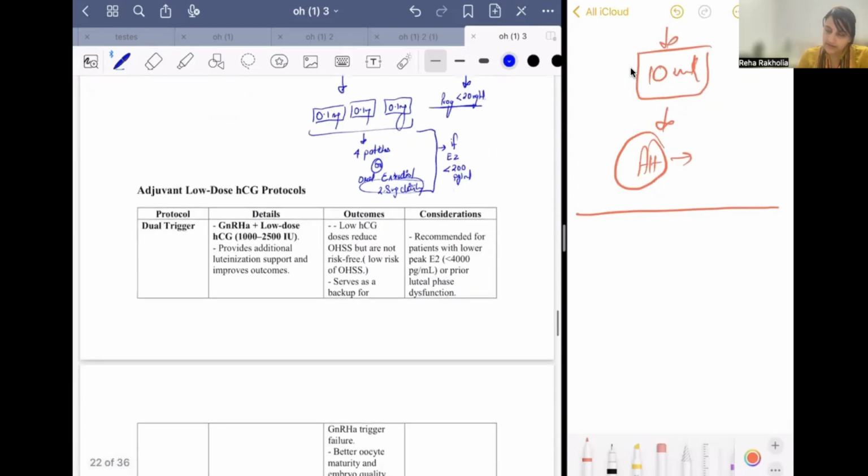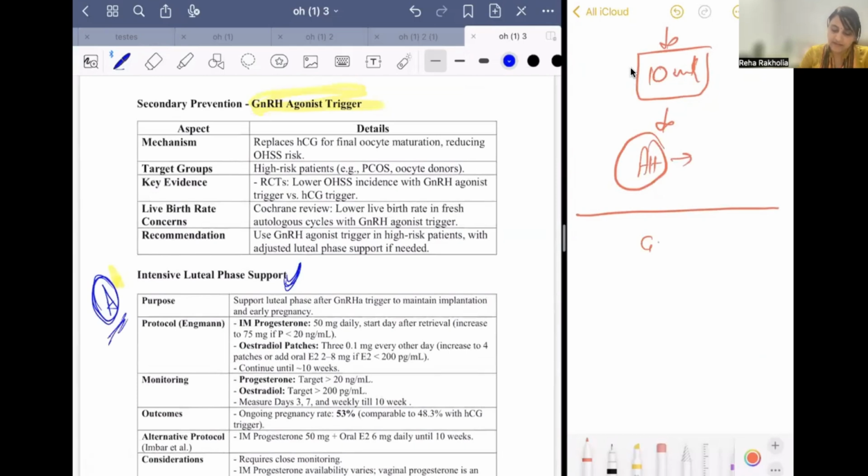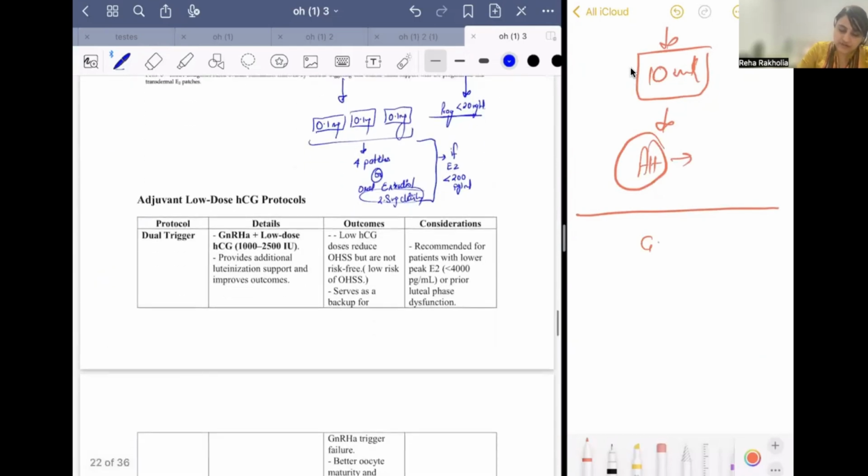Now we'll talk about adjuvant low dose. Again, if we are using GnRH agonist trigger, we can use adjuvant to support the luteal phase. We can use adjuvant low dose HCG protocols.